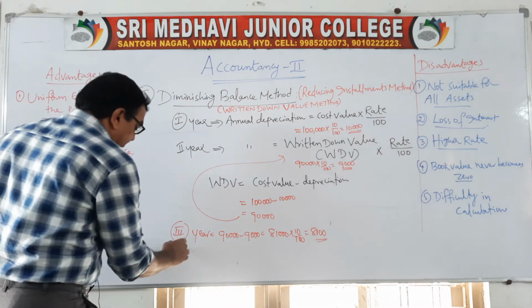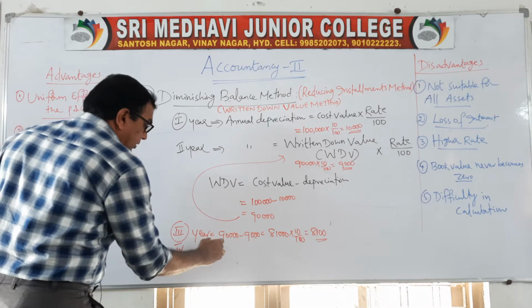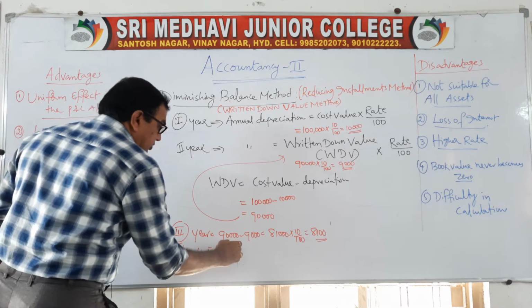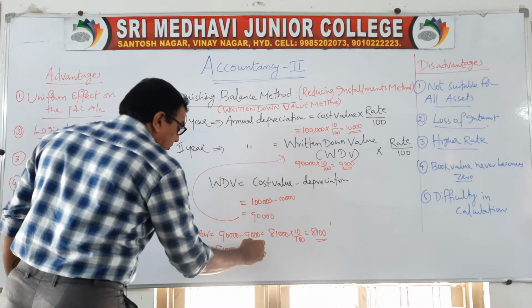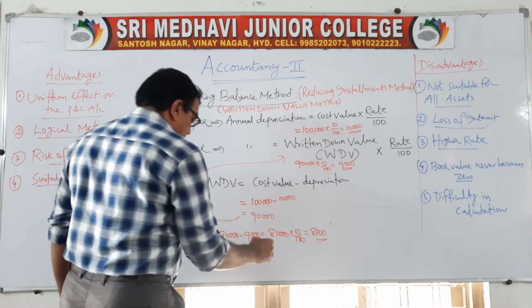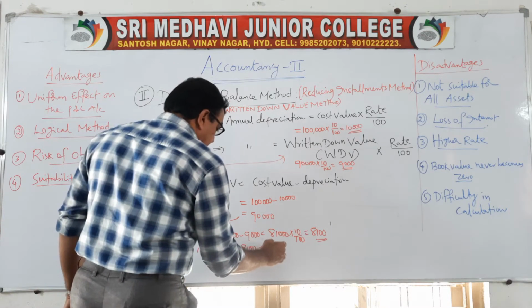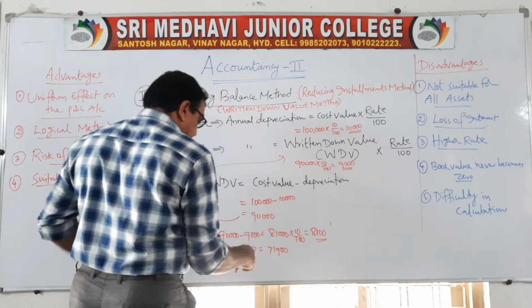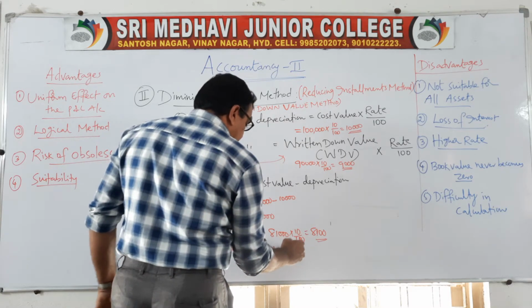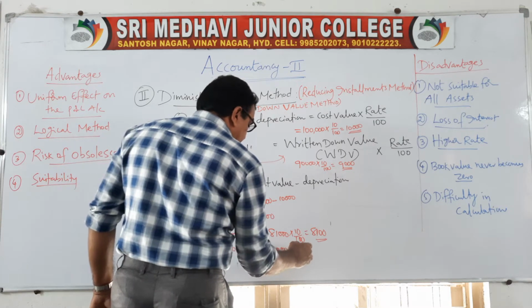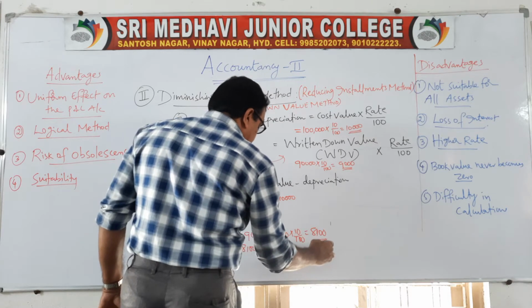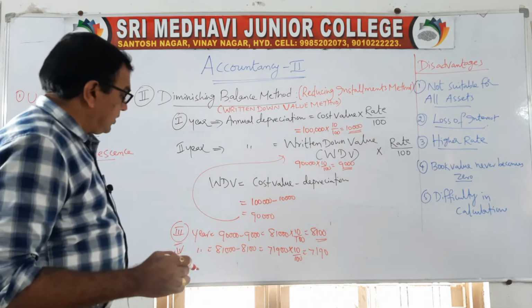Fourth year, 81,000 minus 8,100, so 72,900 into 10 by 100, 7,290. Clear?